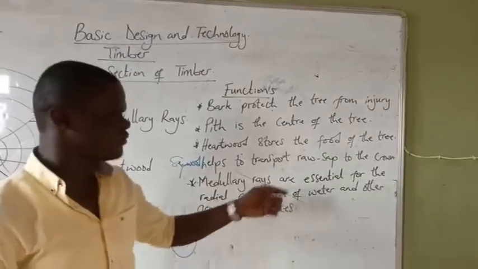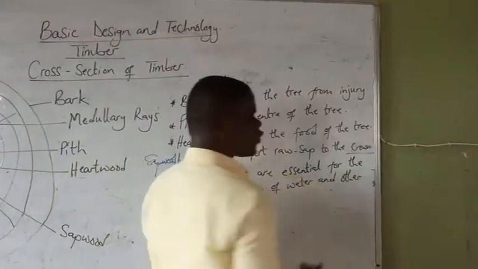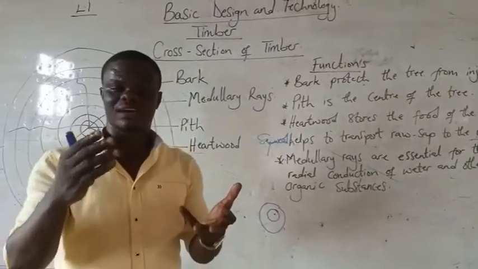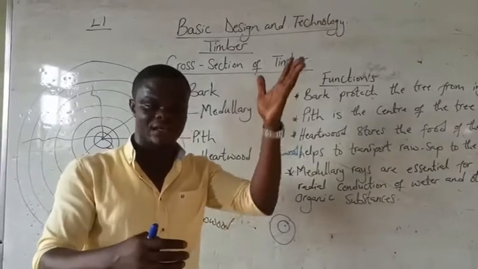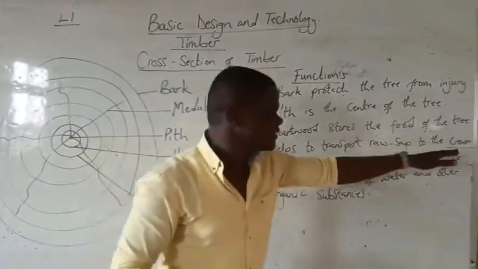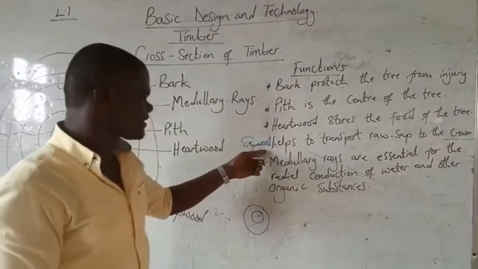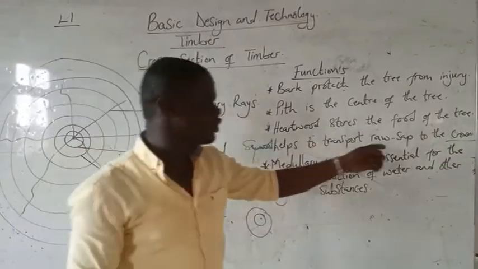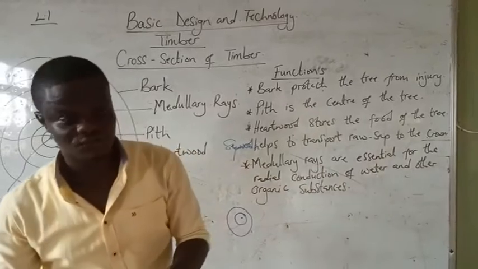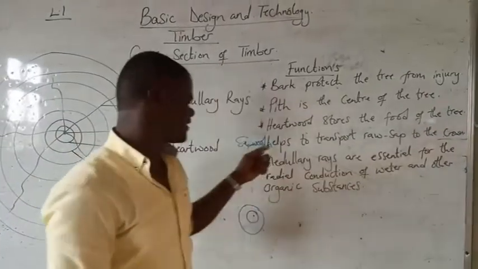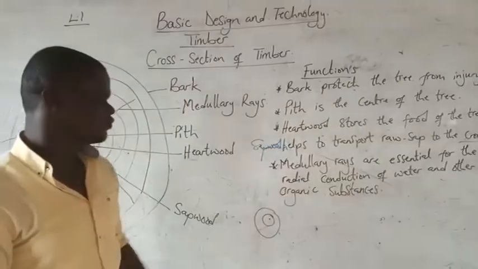You know, the crown of the tree is where photosynthesis takes place, because in science we learned that photosynthesis takes place in the leaf, and the crown consists of the branches and the leaves. So the sapwood transports the raw sap that the roots have absorbed from the soil to the crown.